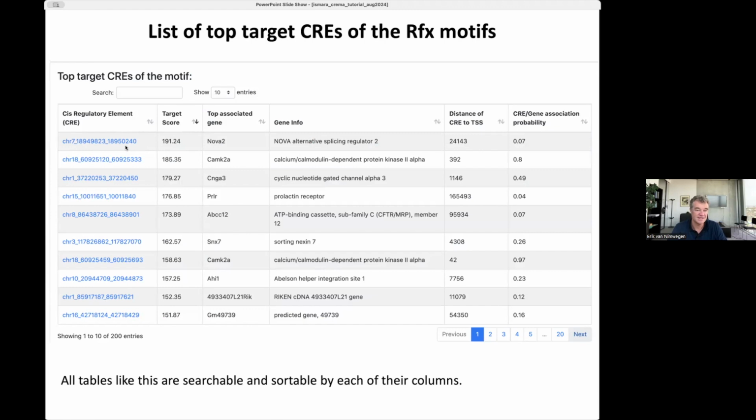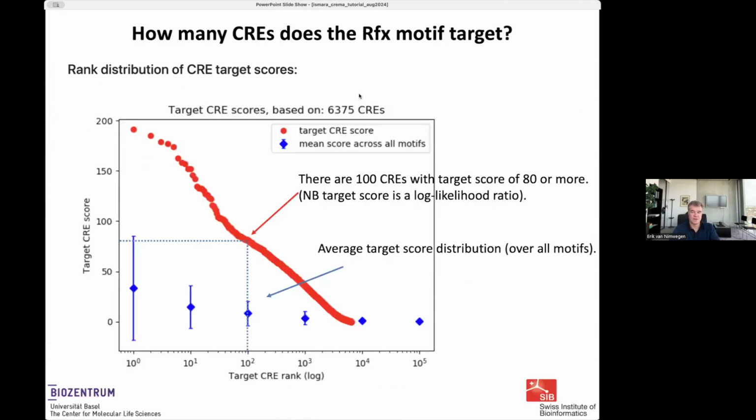Okay, so in this case, for this CRE, the nearest gene start is at 24 kilobases away. Okay, so that's the one that gets the highest probability. And the target score is 191. So the log likelihood ratio of the model with and without this interaction is e to the power 191. Okay, so these tables, again, you can search for genes, you can change the number of entries, you can sort it in various ways, and so on.